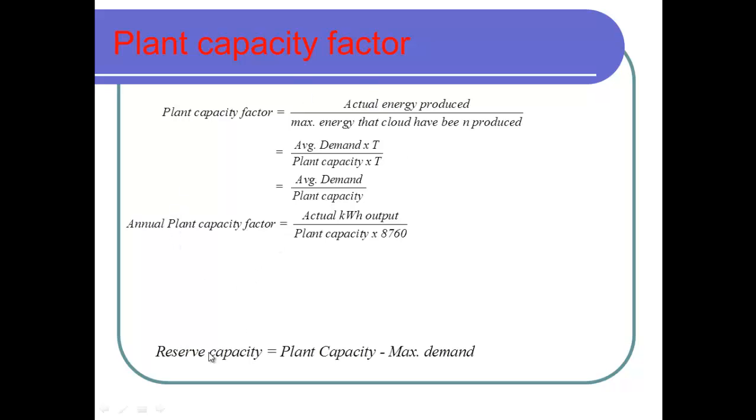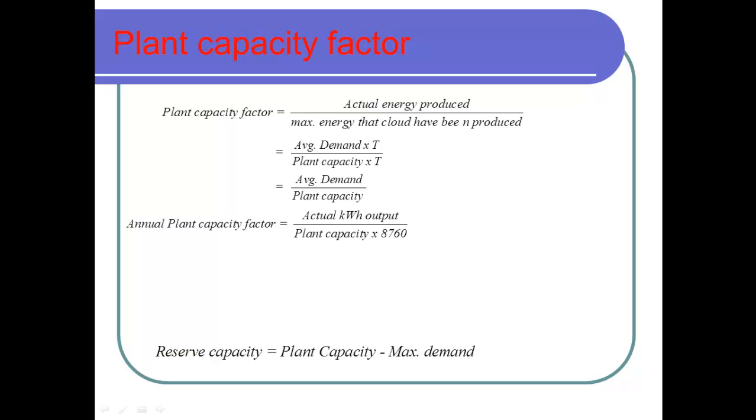The next one is about the reserve capacity. It's not a factor, it's about the value, how much power is in reserve. Suppose there is a sudden increase in demand for a shorter period of time, then the generating station is capable of supporting that increase in demand.